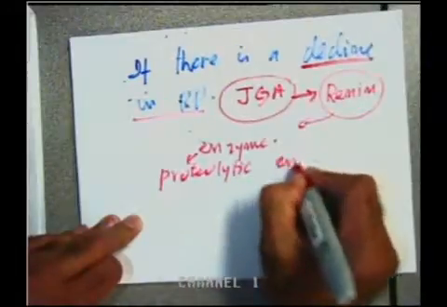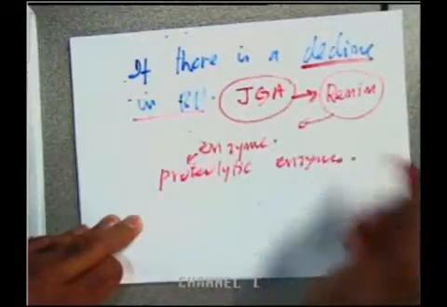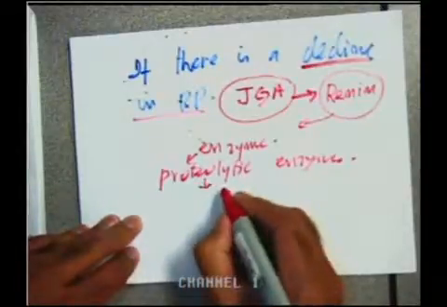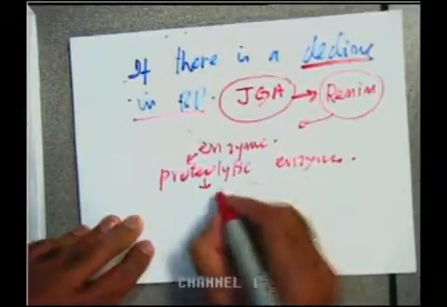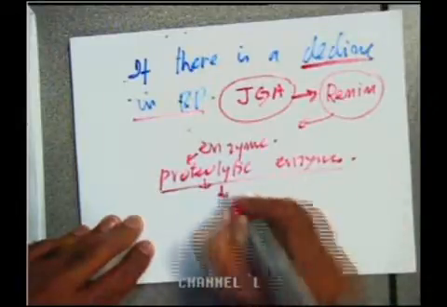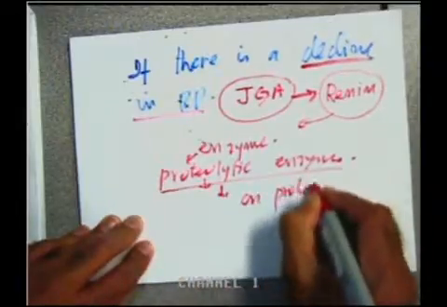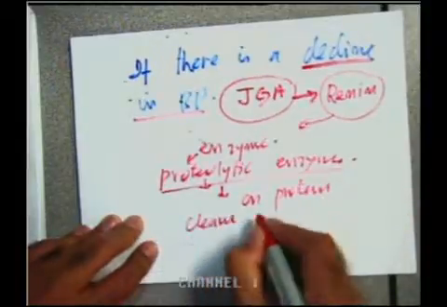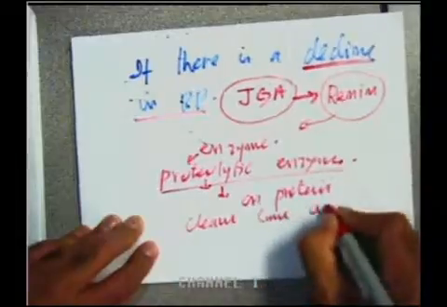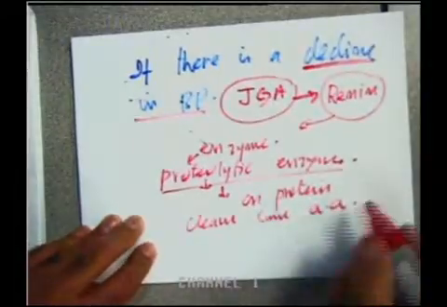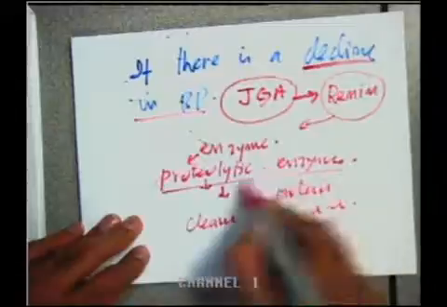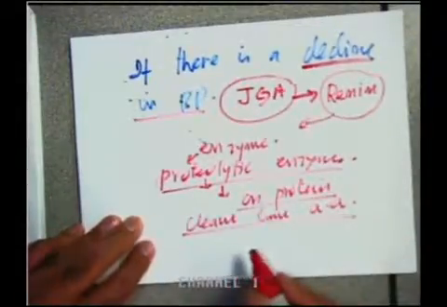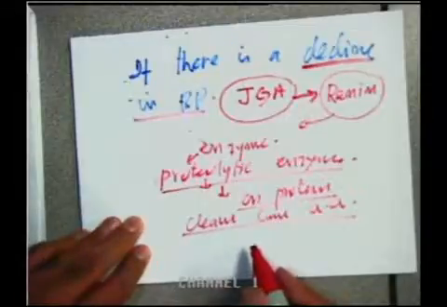It acts on protein and cleaves some amino acids from the polypeptide chain, and thereby it can activate it. That's why it is called proteolytic: it lyses a protein, acts on protein, and cleaves some amino acids from it.